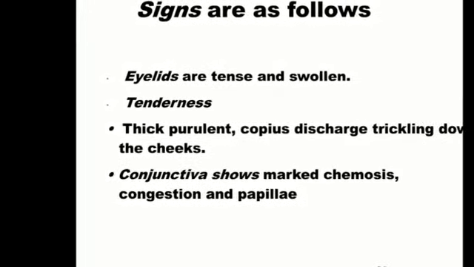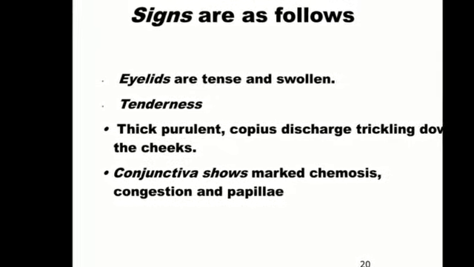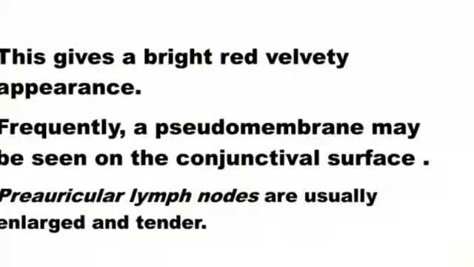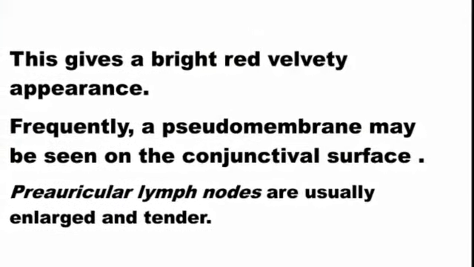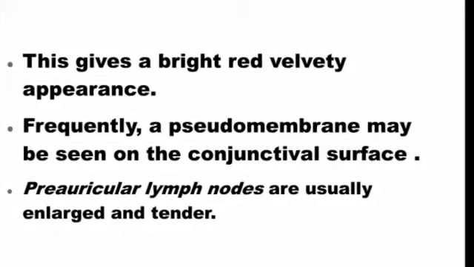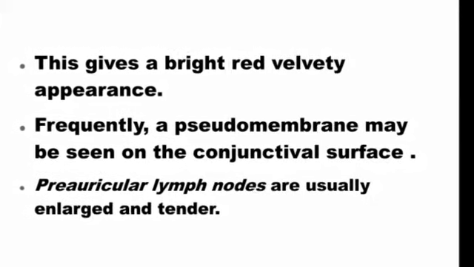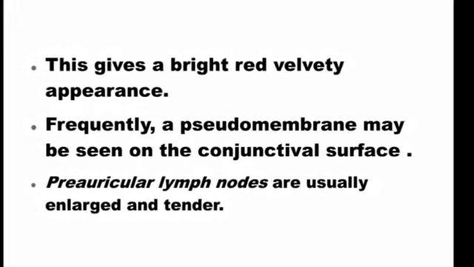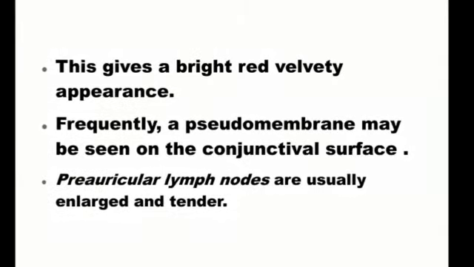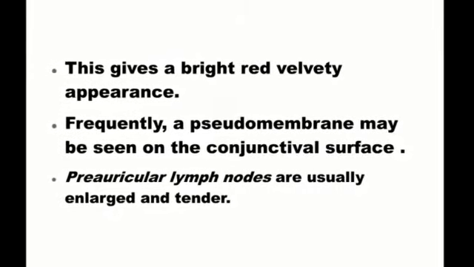Conjunctiva shows marked chemosis, congestion and papillae. Because of this congestion, chemosis and papillae, the conjunctiva looks like red velvet. That means the conjunctiva gets a red velvety appearance.